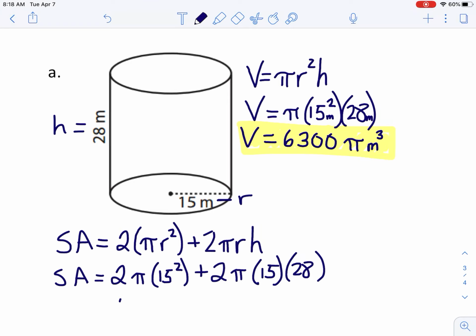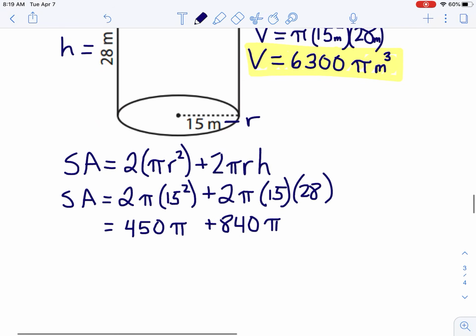So this first part, the base, comes out to 450 pi plus 840 pi. All you have to do, they're like terms, they both have pi in it, is add those two together. And now that it's area, it's only 2 dimensions, so it's meters squared.